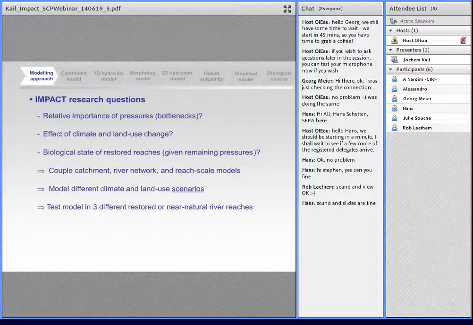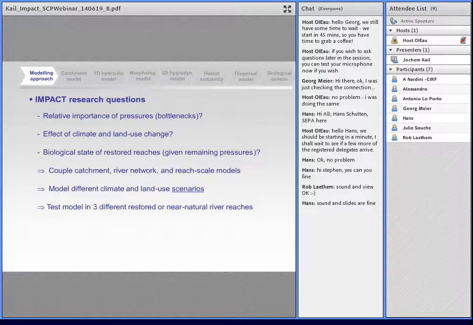And we had a focus on climate and land use change as pressures, but also the focus was on restoration issues, because this project also wanted to ask the question, what can you expect from reach scale restoration? Which kind of biological effect can you expect, given that there are other pressures at larger spatial scales which still remain?